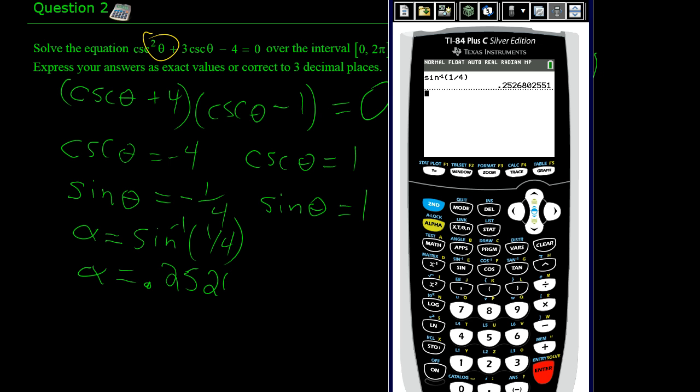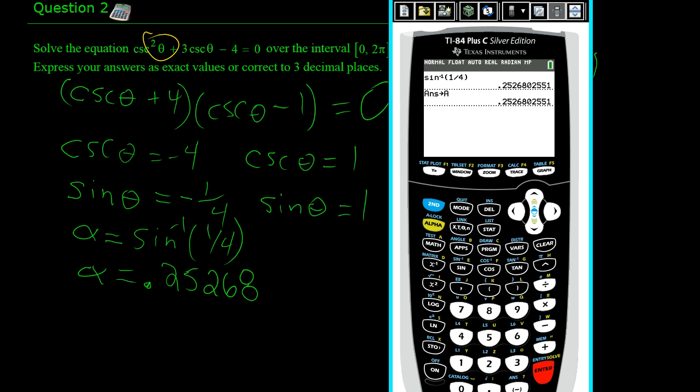Although my final answer needs to be 3 decimal places, I should keep more decimal places at this point. I also will use a storing capability, so I'm going to store this answer under the variable A.